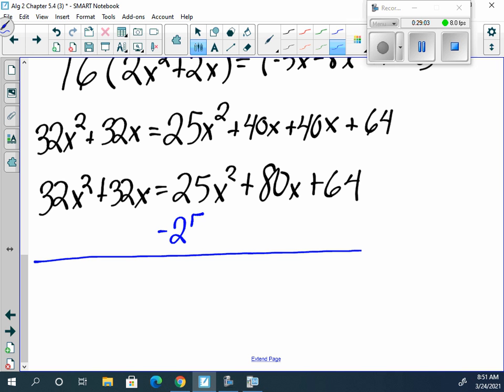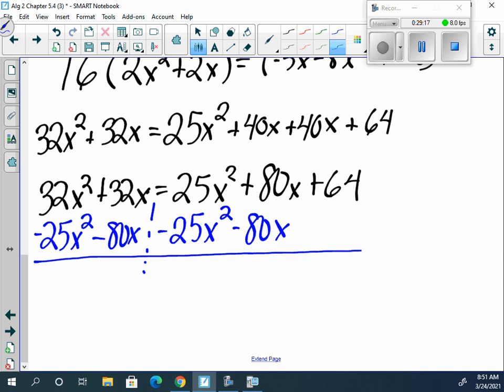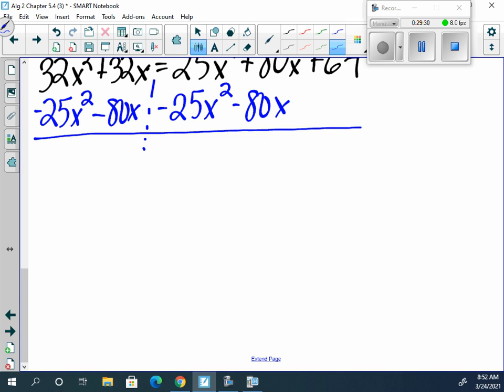As we know, we're going to move 25x squared. Now, if you want to put a little dashed line, in case you ever decide to look back at this, so there's a split between those two. That we're actually moving everything over.